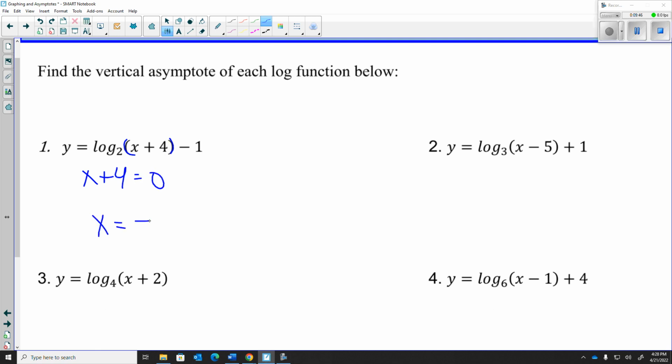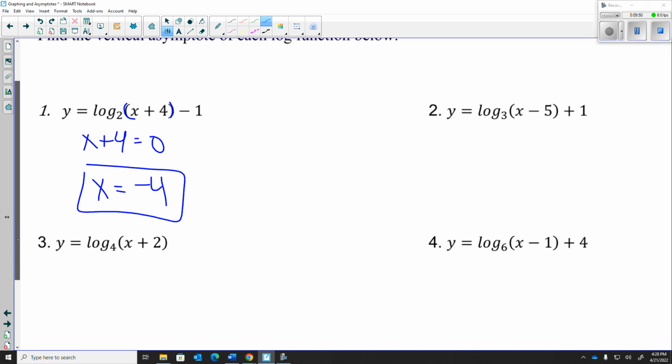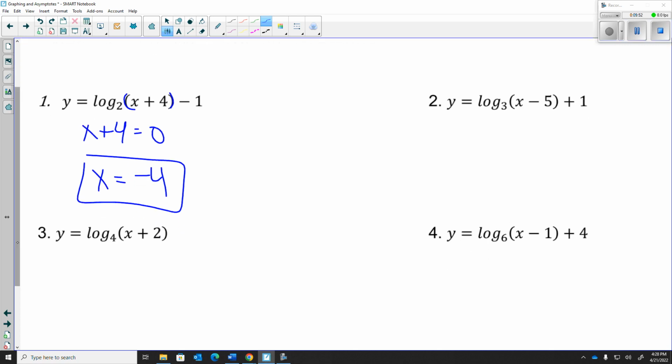So it's -4, right? That's pretty straightforward. Or what about this one? Number 2, x minus 5, set it equal to 0, solve it, and you get 5, okay? Maybe you can see how this is working. So all you got to do is put what's in the parentheses equal to 0, solve it, and you got it, okay?